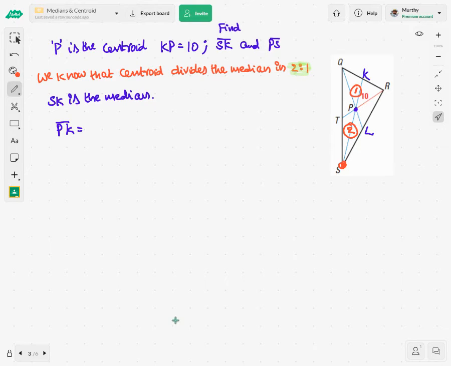Now Pk, if you look at Pk, that is one part out of the total 3 parts. You can see that the total number of parts is 3, 1 and 2, that makes 3. So it is 1/3 of the median.